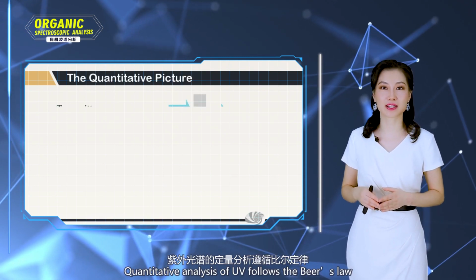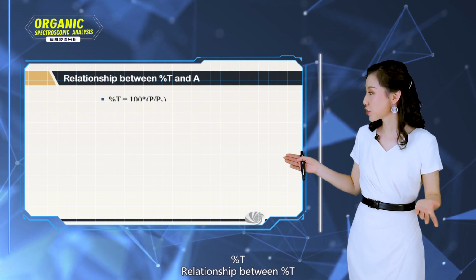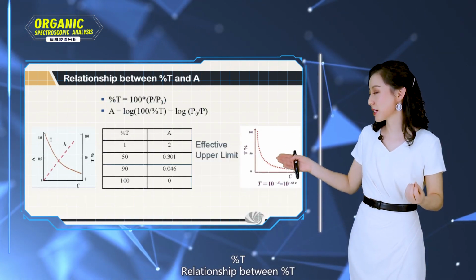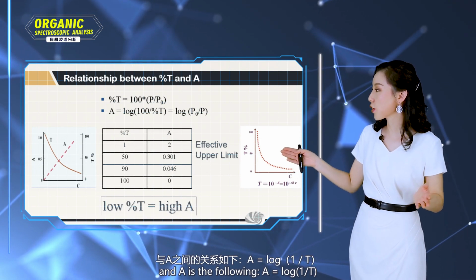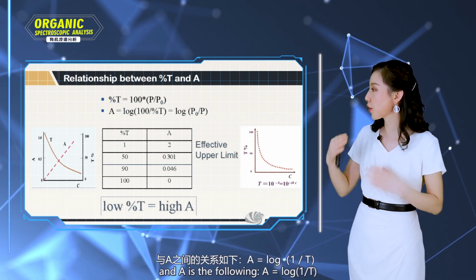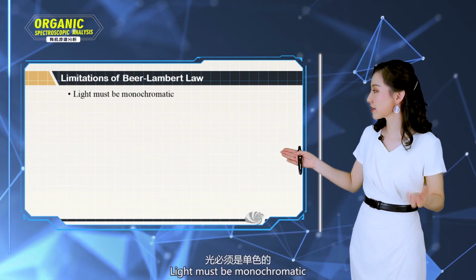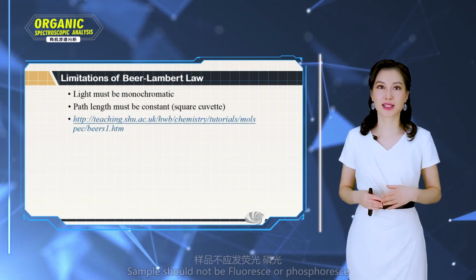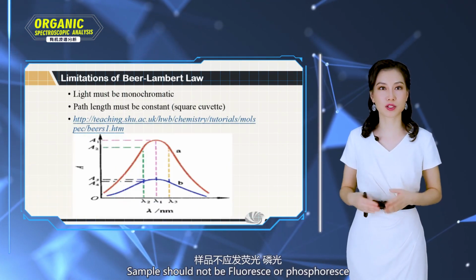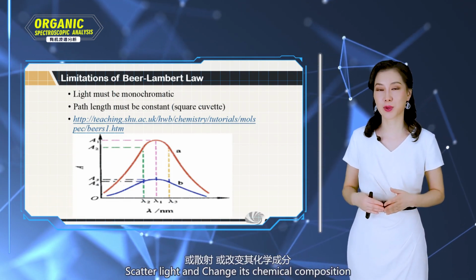Quantitative analysis of UV follows Beer's law. The relationship between percent transmittance and absorbance is the following: A equals the log of the reciprocal of T. Light must be monochromatic. Path length must be constant. The sample should not fluoresce or phosphoresce, scatter light, or change its chemical composition.